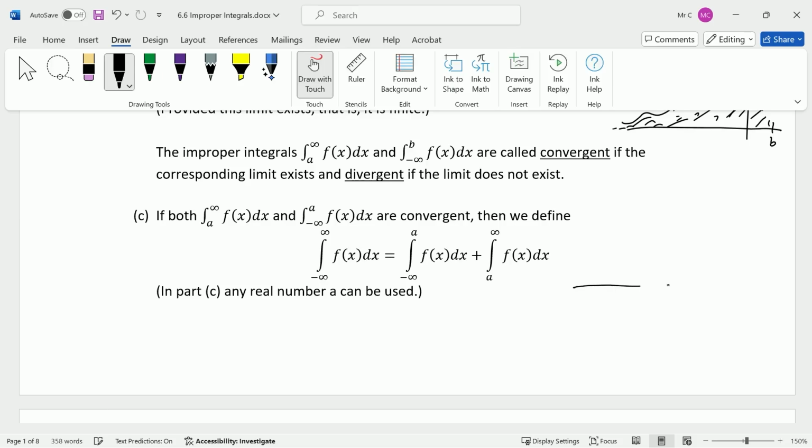So in other words, if I want the entire integral from negative infinity to infinity, then I have to pick a breaking point, let's say here, and split that integral up into two.